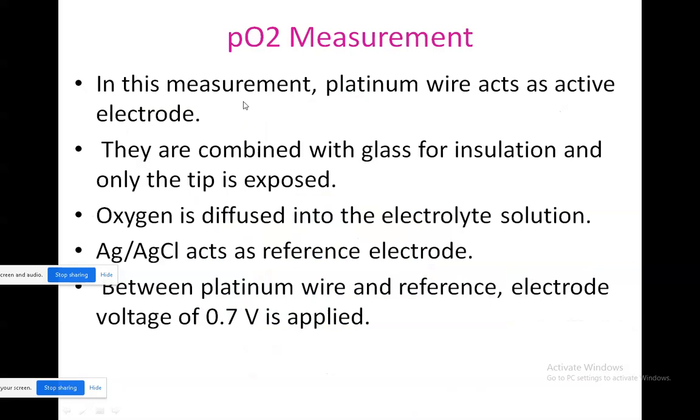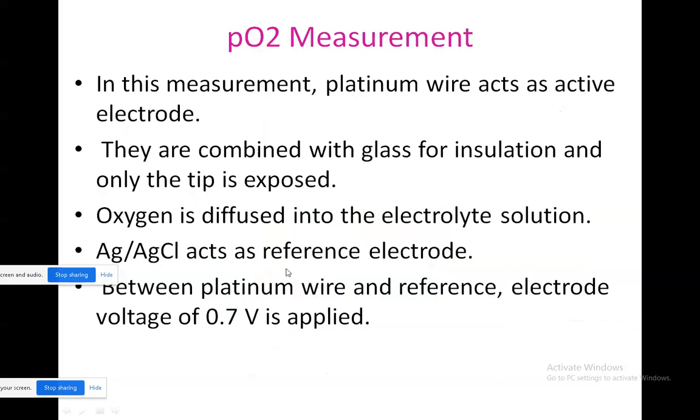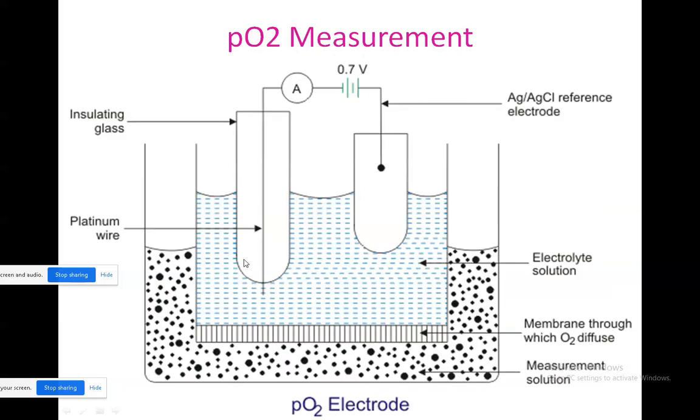In the pO2 measurement, the platinum wire acts as the active electrode, which is covered by glass for insulation. Only the tip is exposed to the solution.